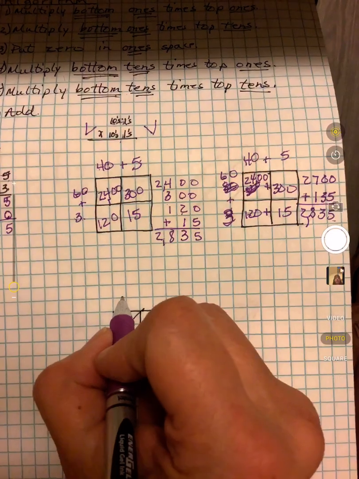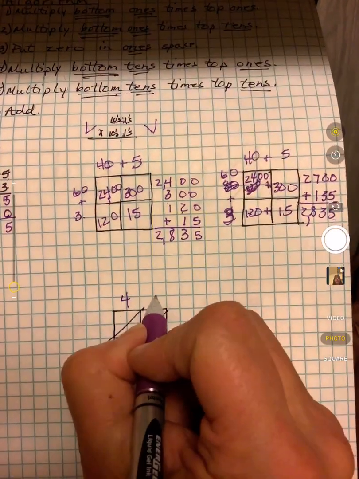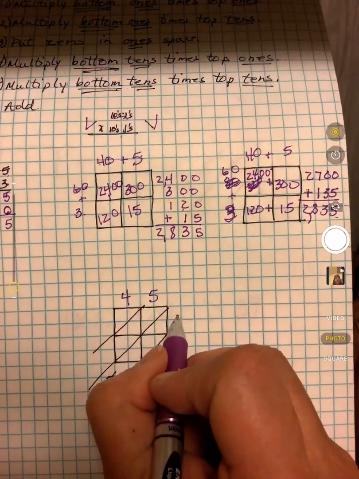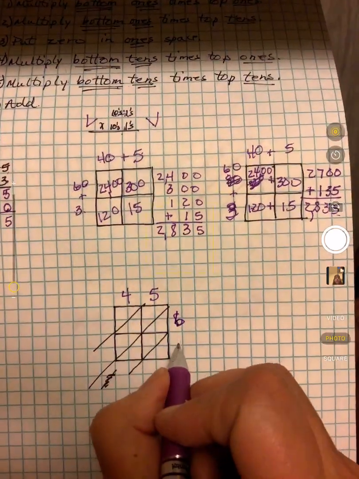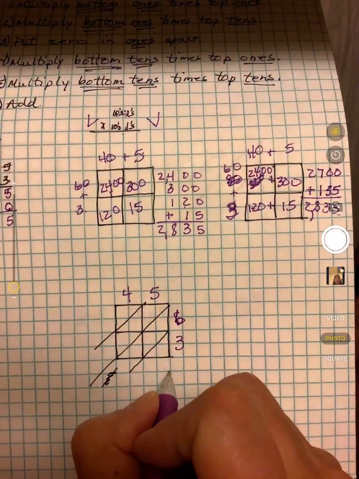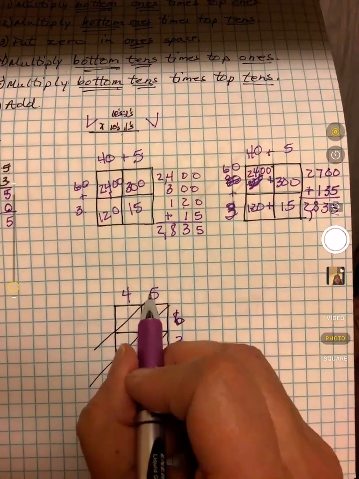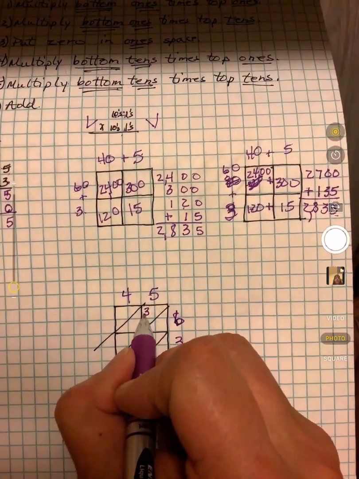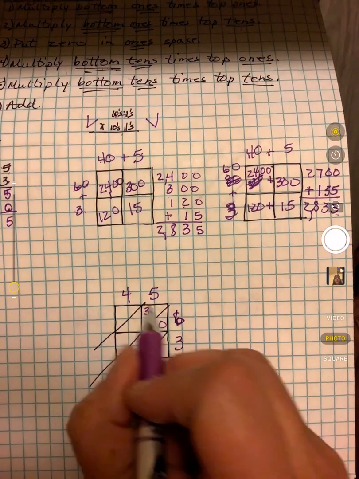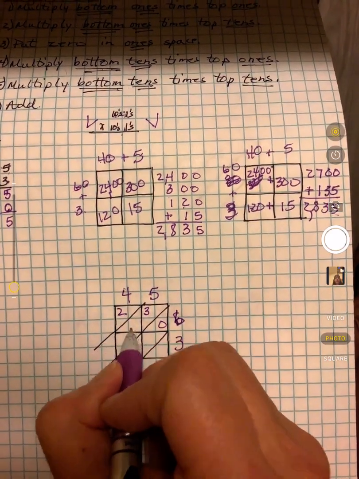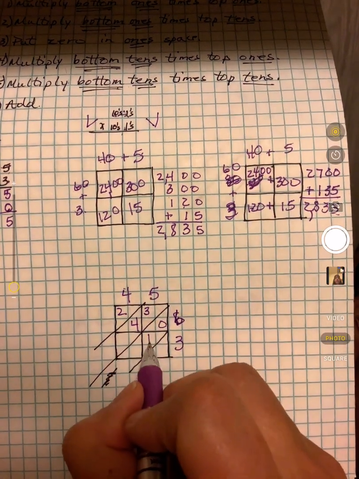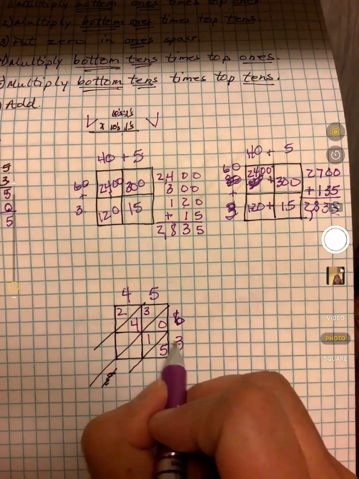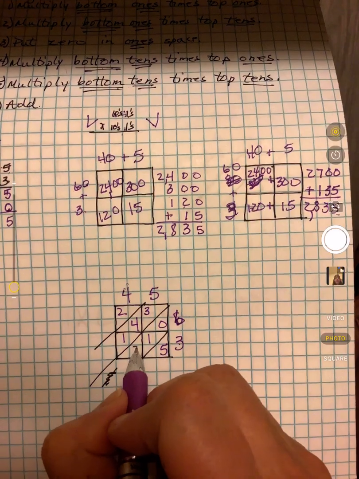Here we just put the numbers. We don't have to put the zeros in there. Whoops, almost did it again. Got that 84 in my head for some reason. Okay, so 6 times 5 is 30. 6 times 4 is 24. 3 times 5 is 15. 3 times 4 is 12.